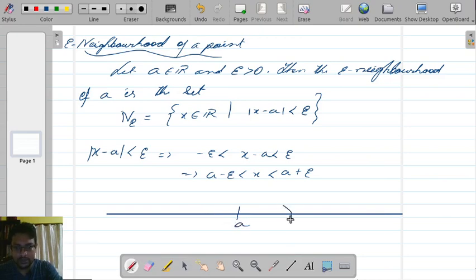So a plus epsilon is somewhere here, a minus epsilon is somewhere here. These real numbers which lie between these two values form the epsilon neighborhood of this point. In other words, it represents the points which are near to a.